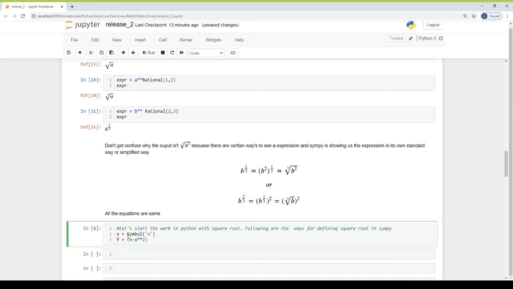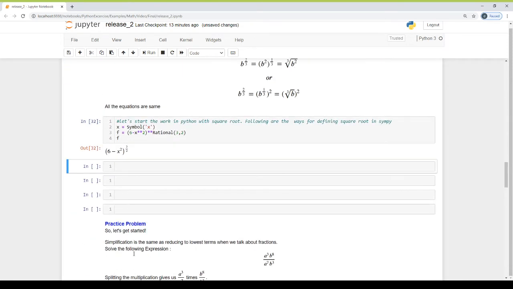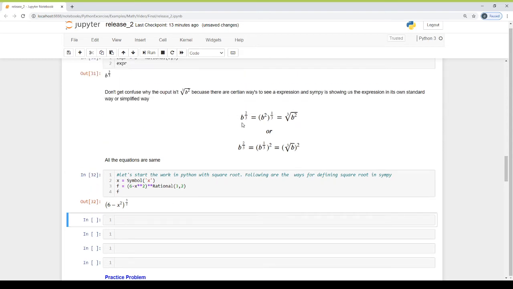It is our expression and it has a rational exponent, square root, rational 3 comma 2, and f, shift enter. Our expression is 6 minus x square raised to power 3 by 2. So rational expression and radicals are only different in their notational way. We can write an expression in rational form b raised to power 2 by 3, or in radical form b square then cube root of that.